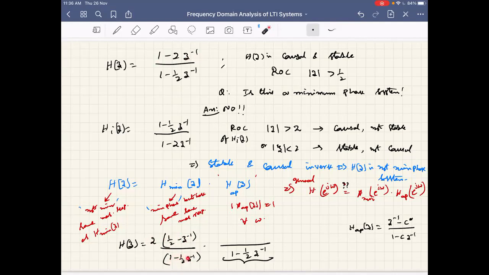Since I divided here, I can use this as multiplication here because I don't want to disturb the system I am writing, H of z. Now you can see that this can be written as: the first one what we have is all pass, and the second one is minimum phase.